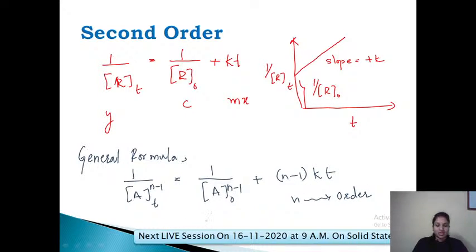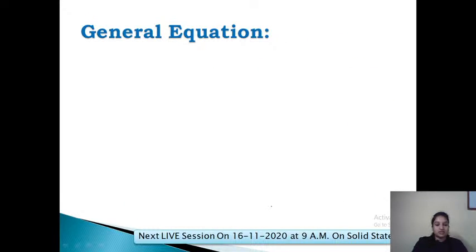This is the general formula where you can write the integrated rate law of any order reaction except for first order. This formula is applicable for all orders of reactions except for the first order reaction. So that's the general equation we have studied: 1 upon concentration of A t raised to n minus 1 equals 1 upon concentration of A naught raised to n minus 1, plus n minus 1 into k into t.